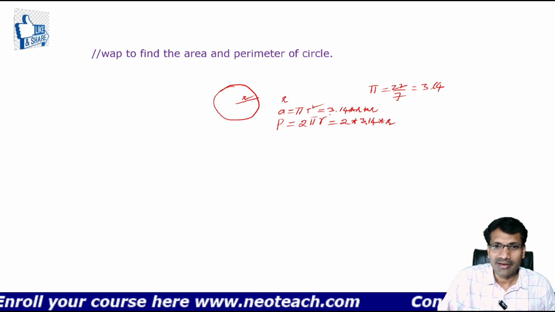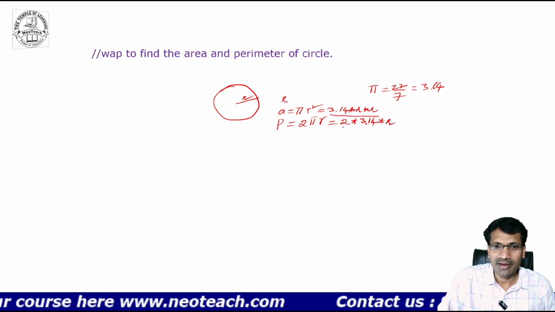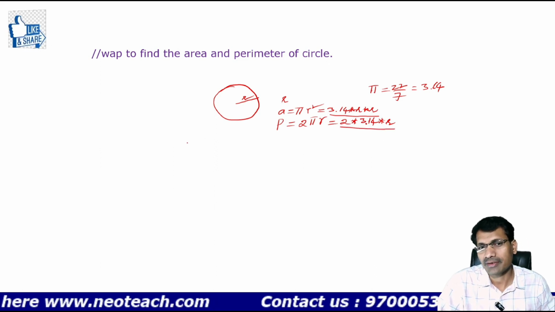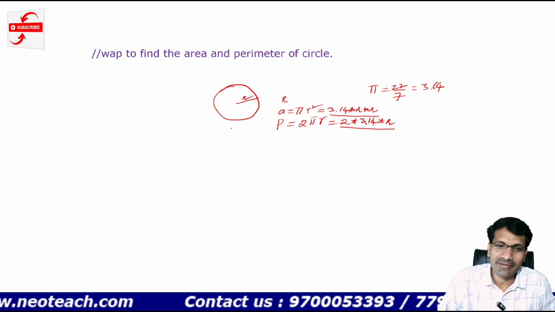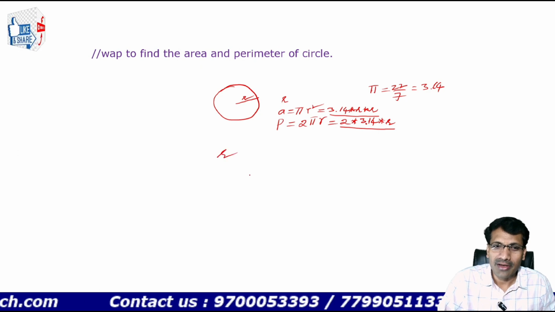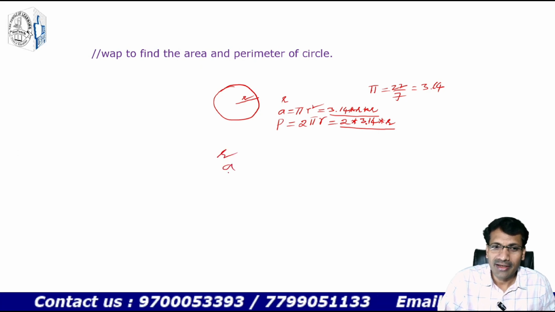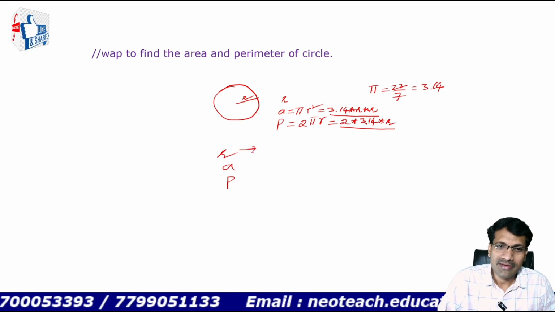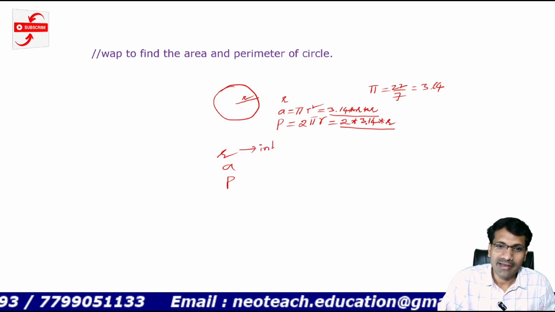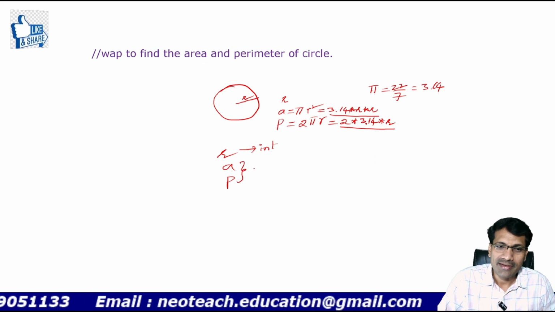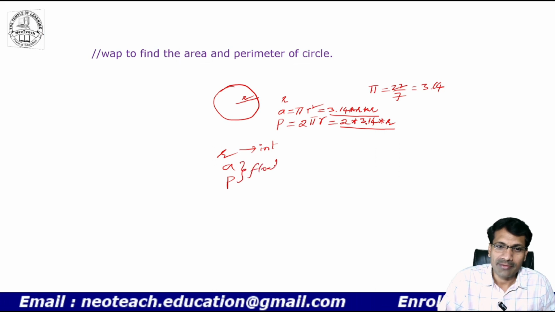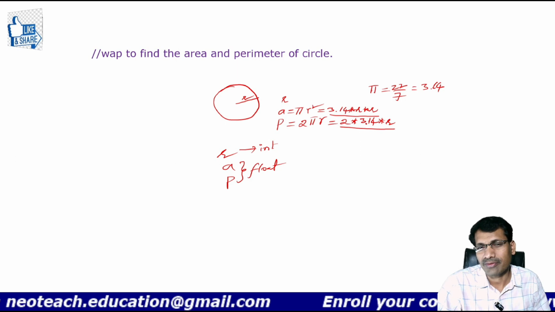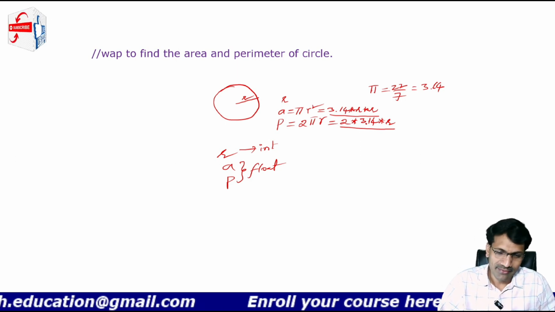So this is the formula we are going to find, and this is one more formula. So finally how many variables do we require? We are going to input the r value and we are finding a and p, area and perimeter. So we take this r value as an integer and these two values we will take as float values, because the pi value is 3.14, a floating point. Okay, that's what we will take.